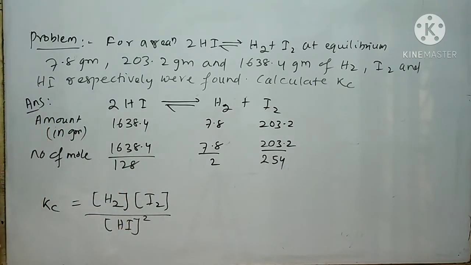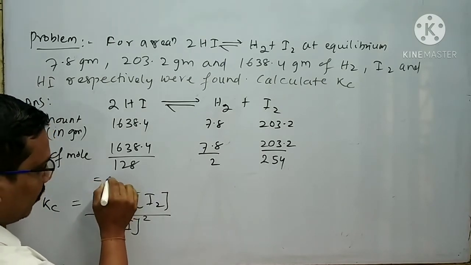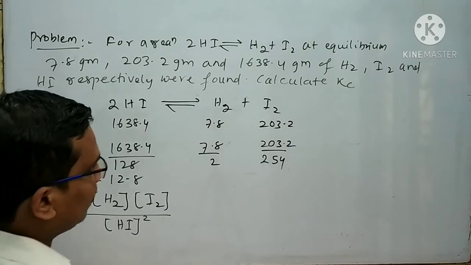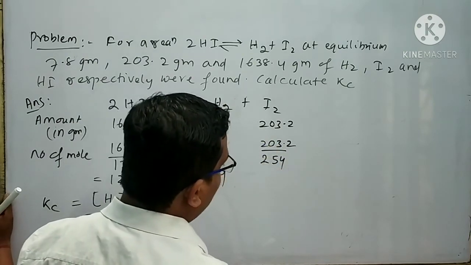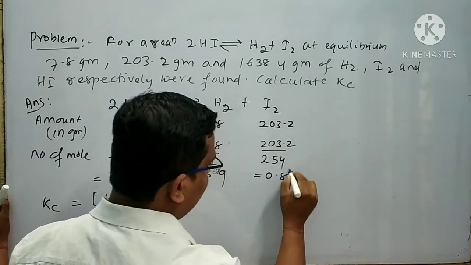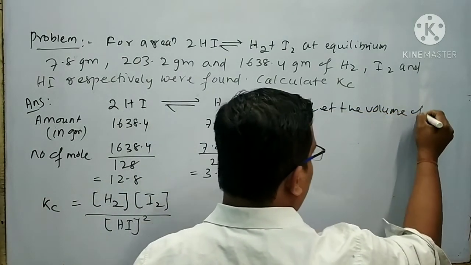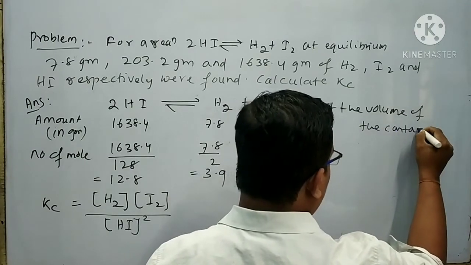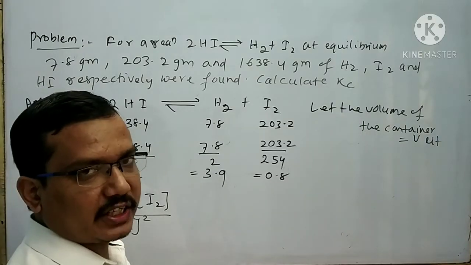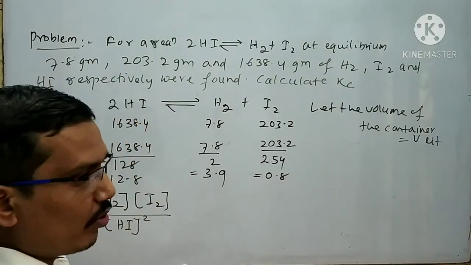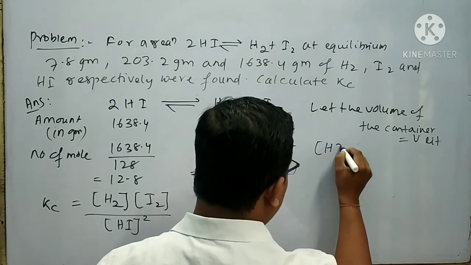After solving, we can find out the number of mole of HI. The number of mole of HI is 12.8. Similarly, the number of mole of hydrogen is 3.9. The number of mole of iodine is 0.8. Let the volume of the container equal to V liter. We know that concentration is equal to number of mole divided by volume. Now our aim is to find out the concentration of HI.